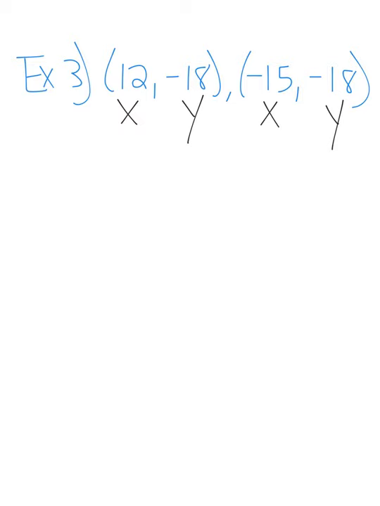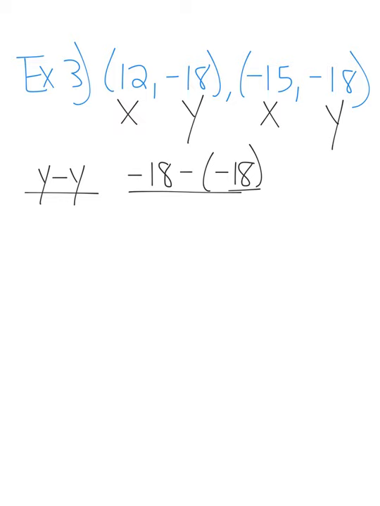So here, let's go ahead. We know it's y minus y. So I have a -18, take away a -18. That's in the numerator. My x's go in the denominator. My x's are 12, take away a -15. And again, be careful.